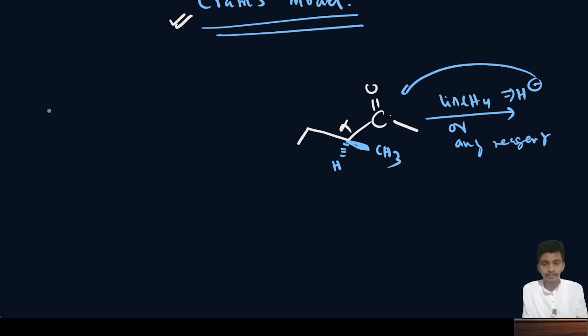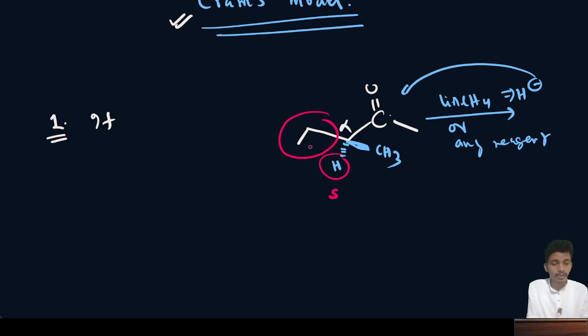First, divide these three groups according to size. This one is a small group, this is CH2CH3, which is a large group compared to these three, and this is a medium group. So divide these three groups into small, medium, and large.